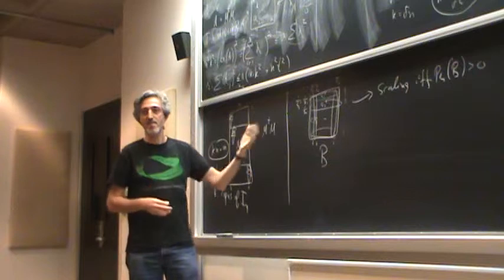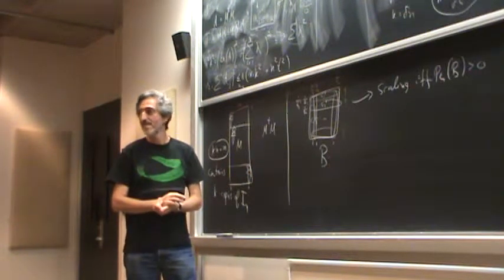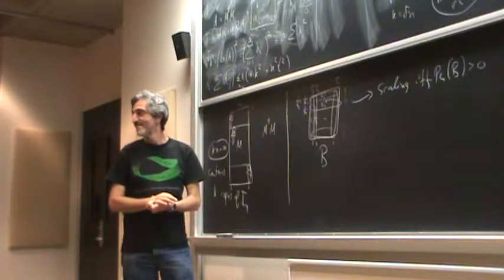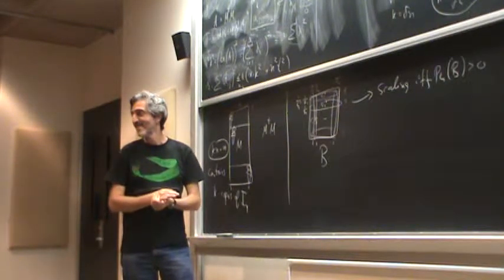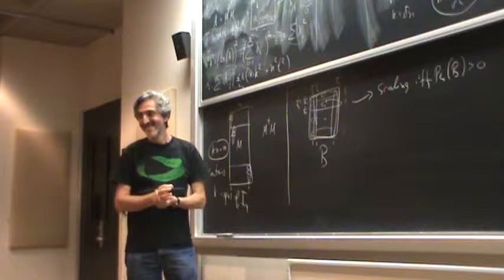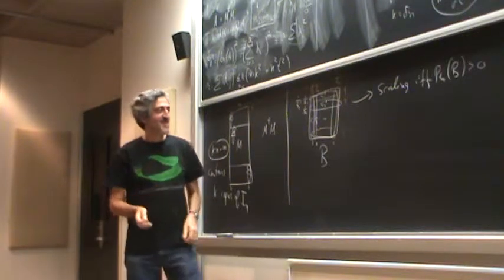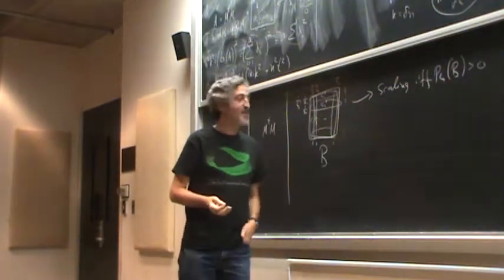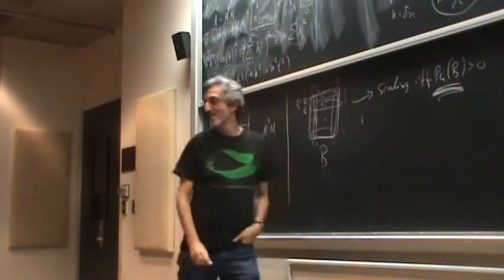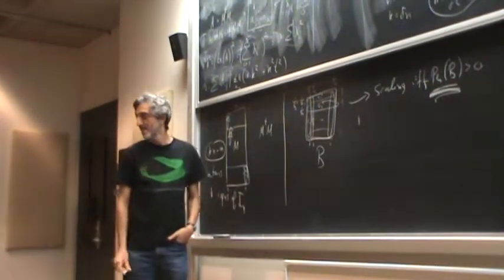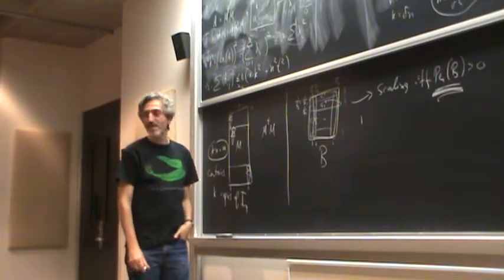Which function on the matrices would you pick? I'll give you a hint, it's on the board. Nobody? Okay, so the permanent is a progress measure.